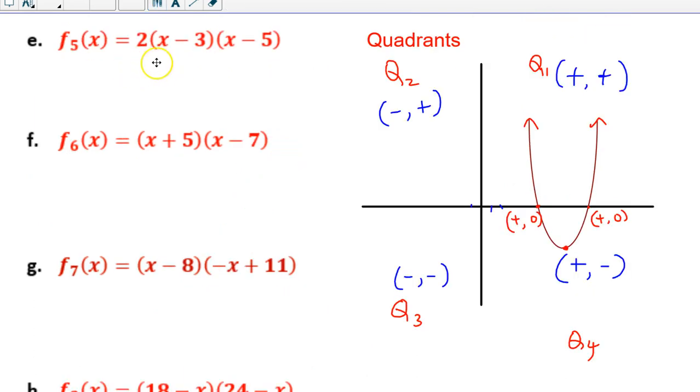Okay, now we have functions in the factored form. Like f of x is equal to a times x minus r1 times x minus r2, right? Where r1 and r2 are the x-intercepts. Alright. Now, what is the value of a here? That is 2, positive, opened upwards.